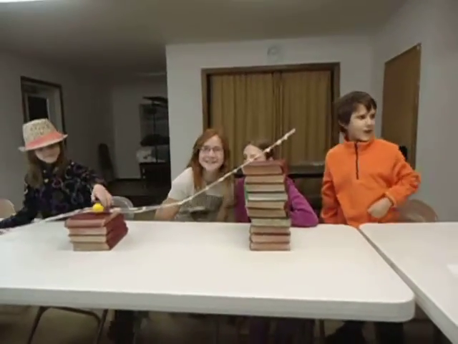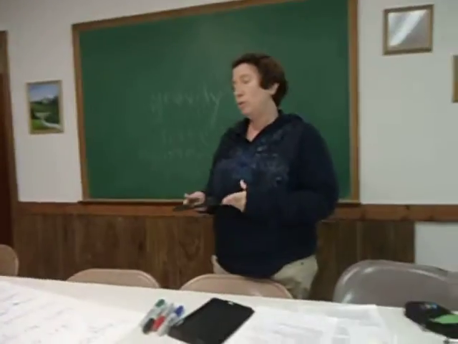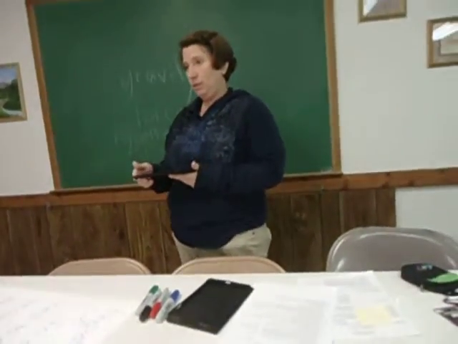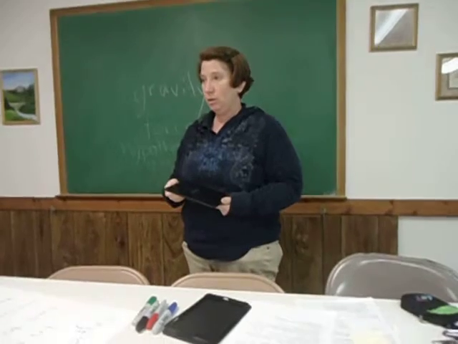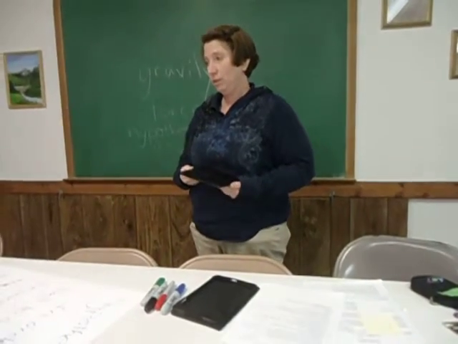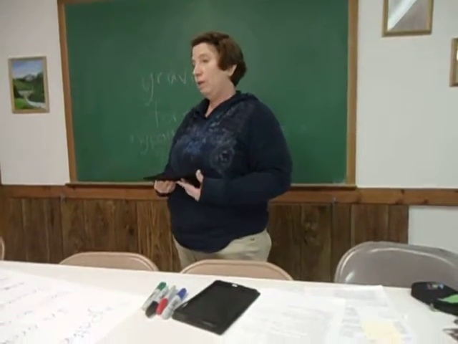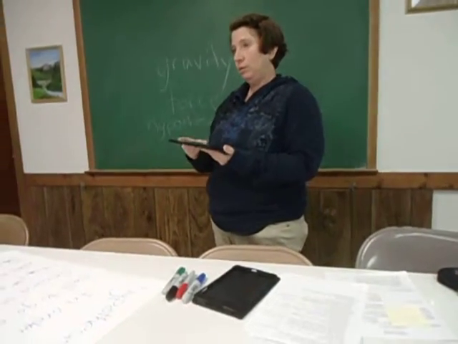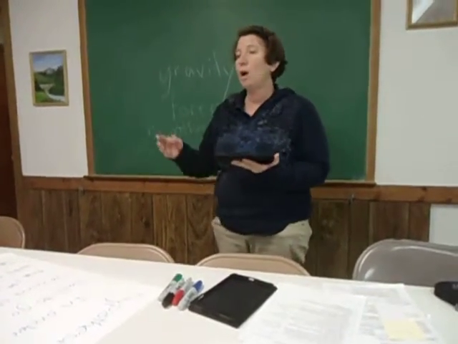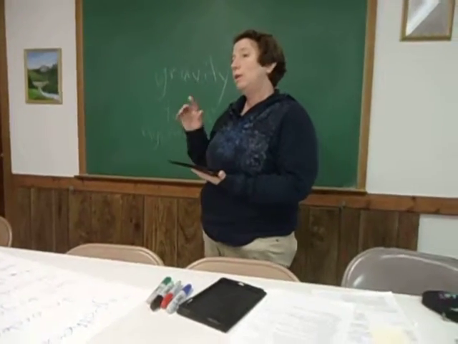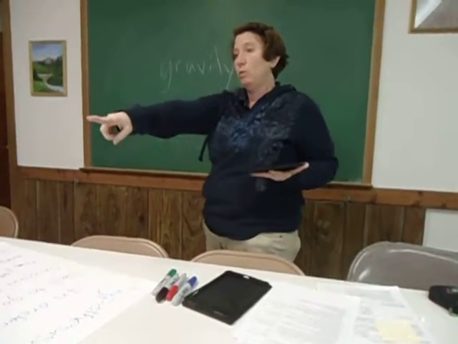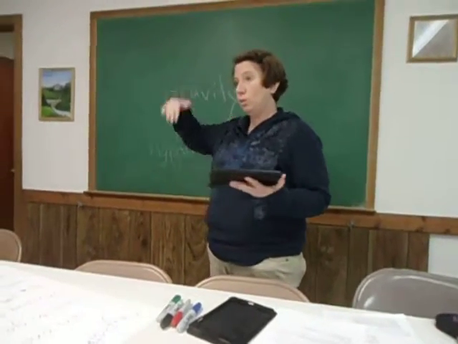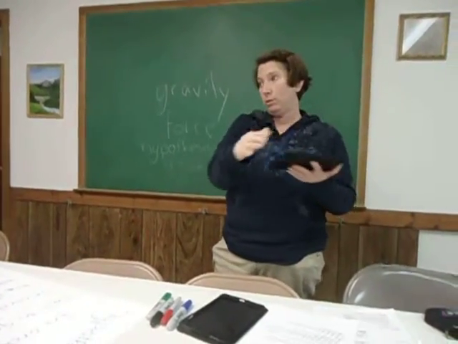Okay. Halfway. Okay, so what did you have to do in order to make it go over that next stack of books? We had to balance it. Okay. Is it curvy like a roller coaster? Okay, so I would like you to think about what you're going to do to fix that to make it like a roller coaster so that it goes down and up.